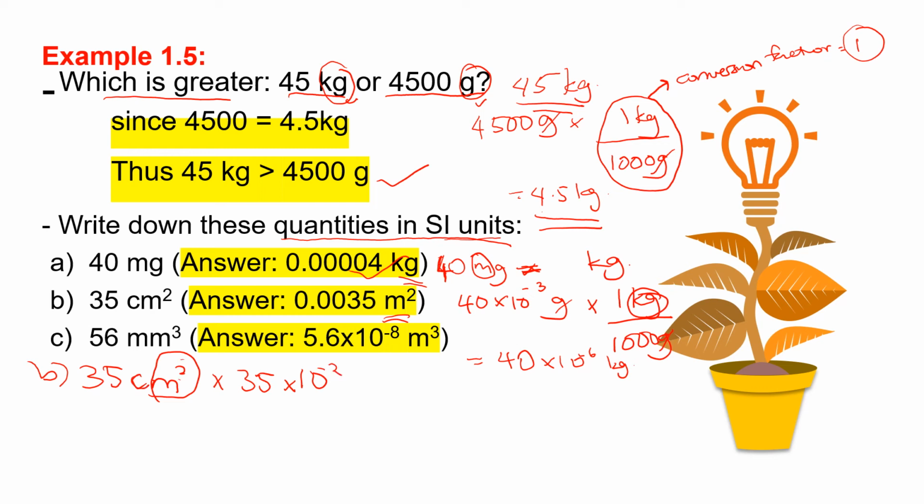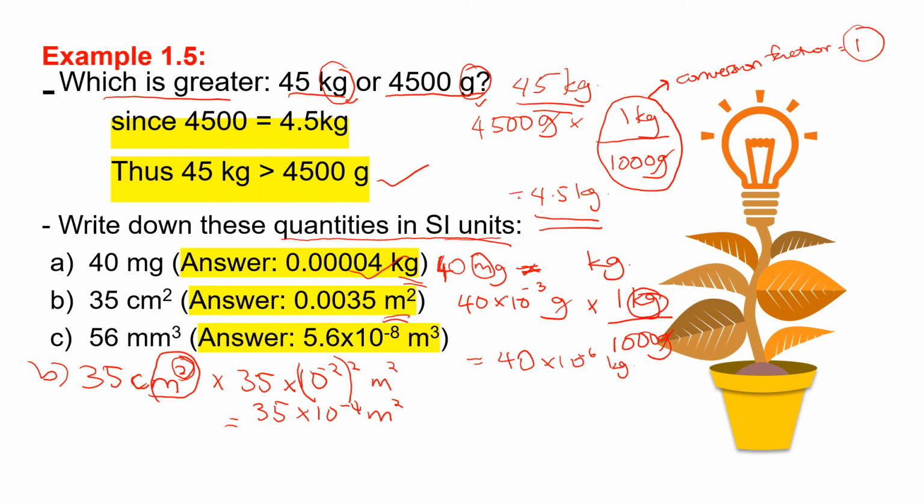Tapi kita jangan lupa dekat sini dia adalah meter square. Jadi dekat sini apa yang kita kena buat adalah kita kena darab dengan 2. Kita tak boleh tak ada darab dengan 2 ini, sebab kalau tak darab dengan 2, kat sini dia tak akan jadi meter square, dia akan jadi meter saja. So, jawapan dia adalah 35 darab dengan 10 kuasa negatif 4 meter square.